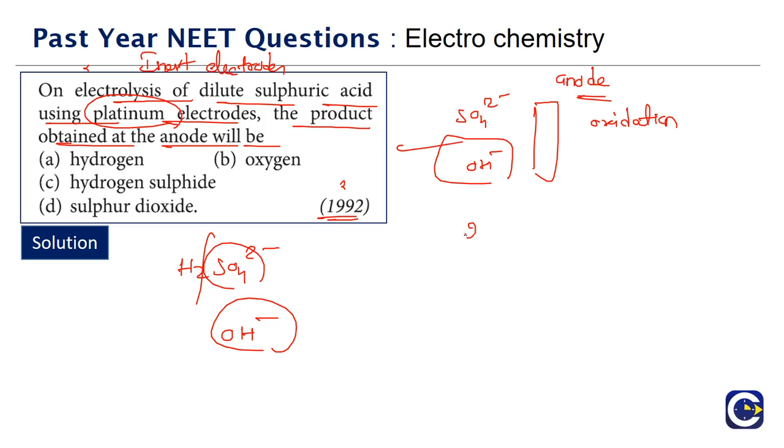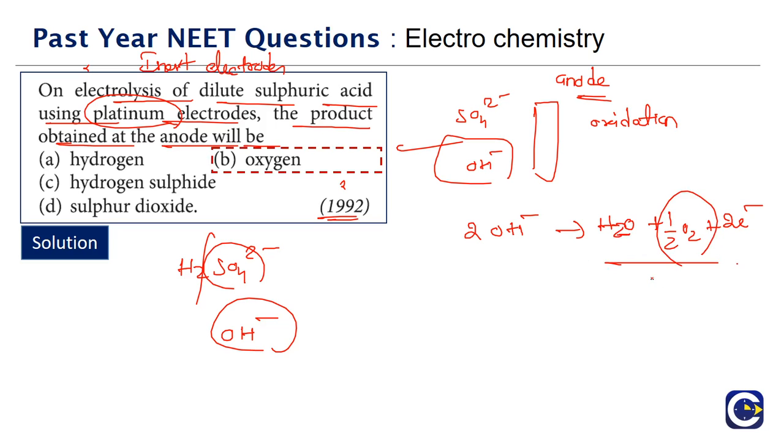Means 2 OH minus will lose electrons, of course, and it will form H2O plus half O2. So there will be an oxidation where the OH minus will be losing electrons. So what do you see getting produced at the anode? It will be the oxygen gas. So during the electrolysis of dilute sulfuric acid, at the anode, there will be the oxidation of OH minus ions, and that will be producing oxygen gas.